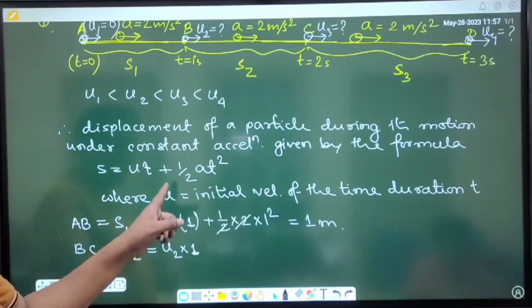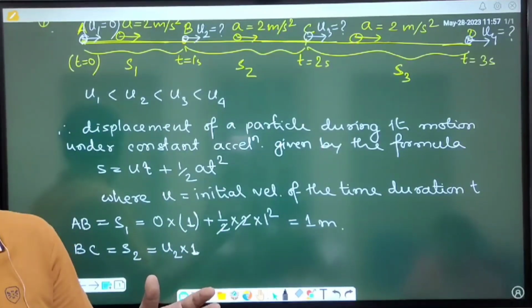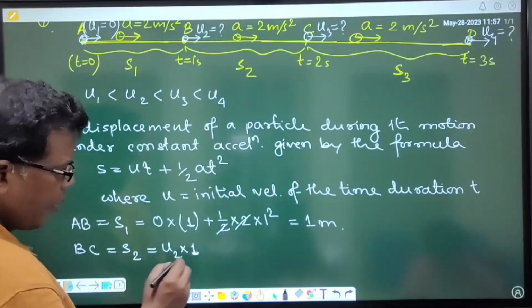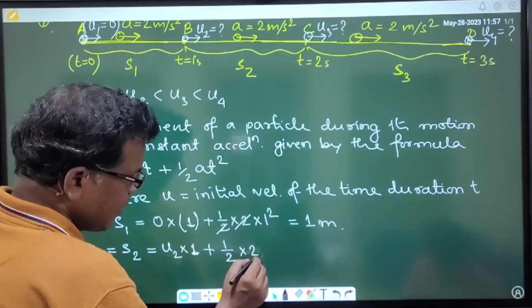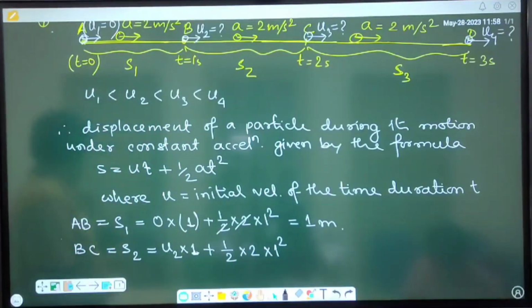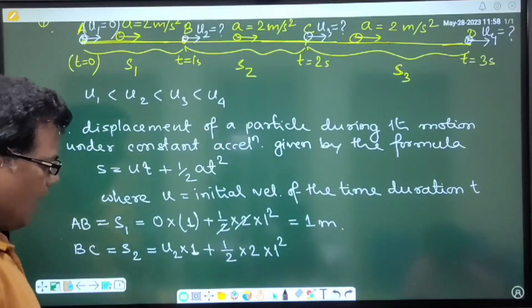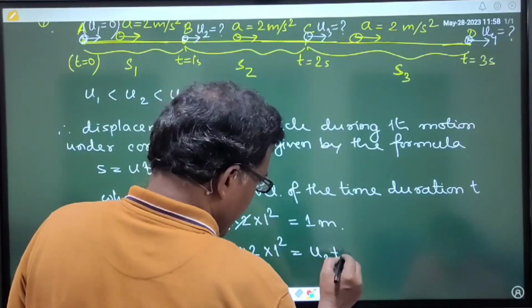T in the formula is the time duration for which the journey is discussed. So U2 into T plus half into acceleration, which remains the same, into 1 square. Are you getting me or not? So here we get U2 plus 1.